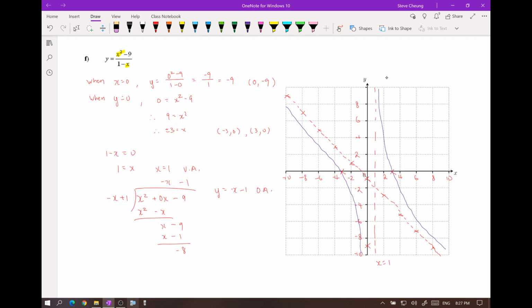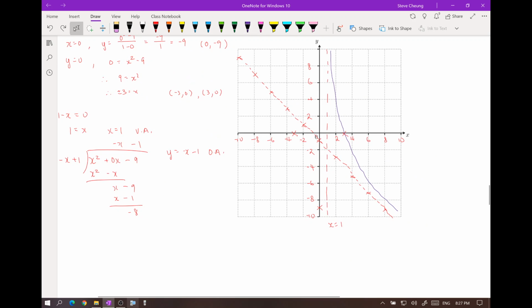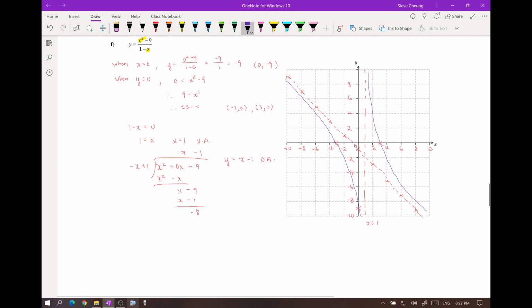Oh, I didn't pass the y-intercept, so let me draw it like this. Ooh, not good enough. It's definitely easier to start from the right hand side here. There. Kind of looks like a bridge.